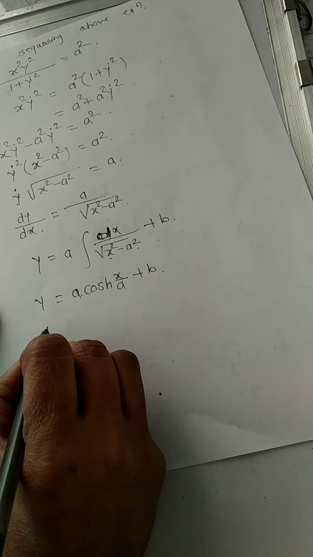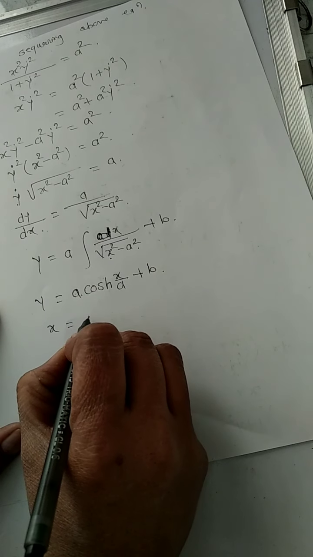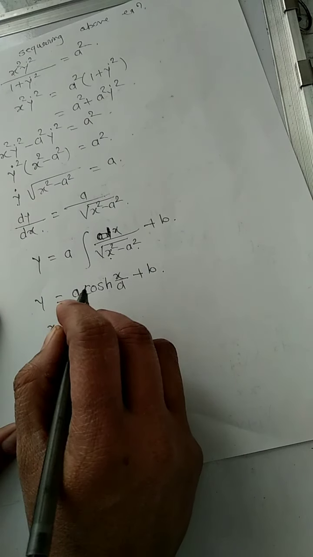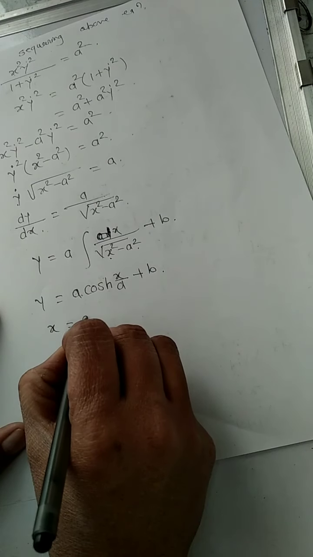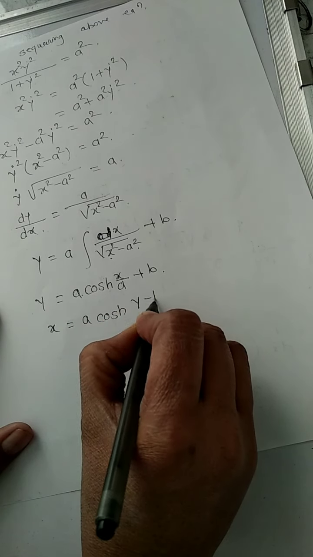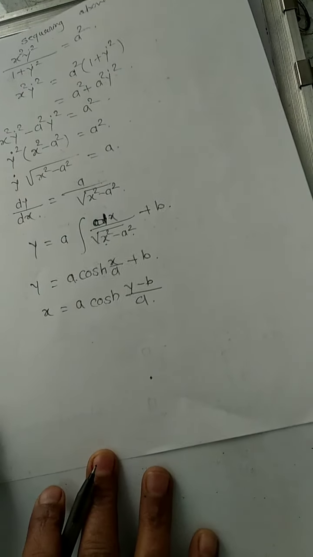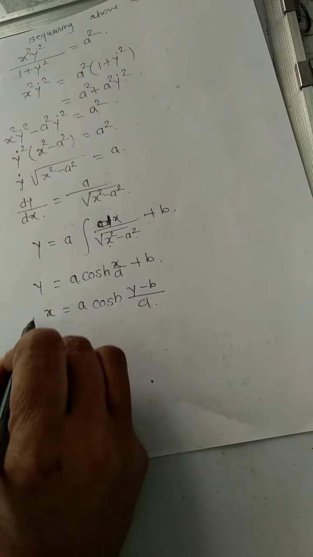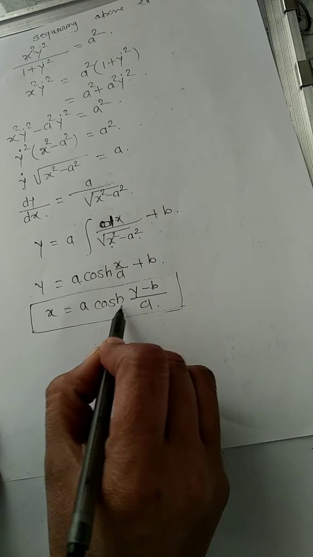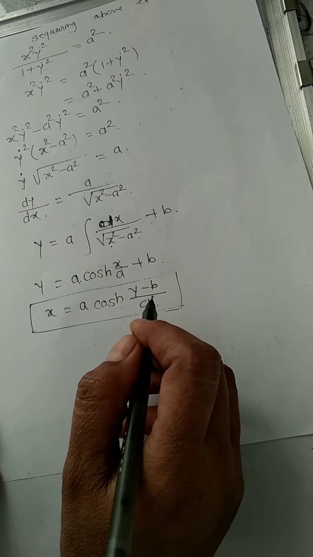Then finding the value of x, we get x is equal to a into cosh of (y minus b) upon a, which is the equation of a catenary.